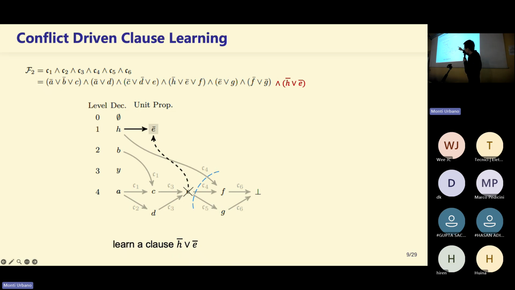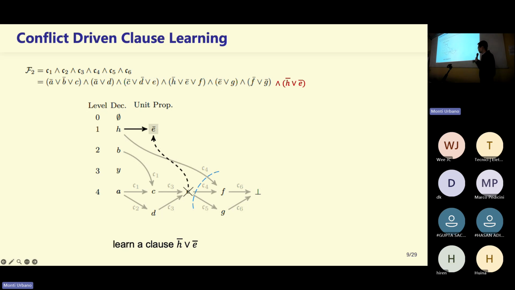Here variable h is assigned to true and variable e is assigned to true. So we learn a lesson that these 2 variables cannot be assigned to true at the same time. Otherwise, it will lead to the conflict. That's what we can tell from this graph. And this graph is called the implication graph because it shows the reasoning trend of the CDCL solver.